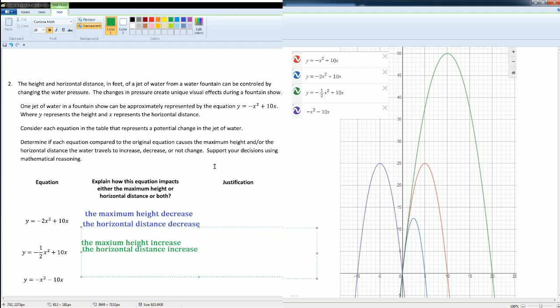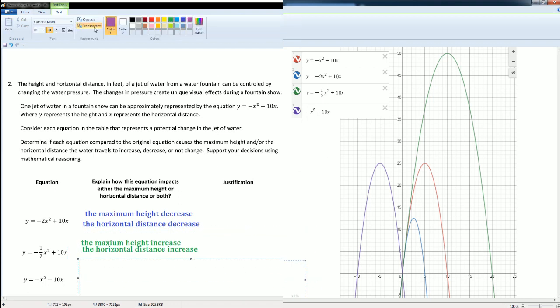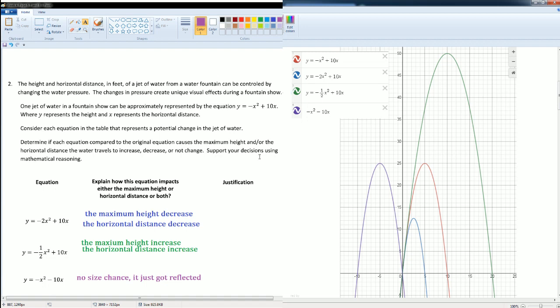The purple one is when it was flipped. This one it flipped, so no size change, right? Because look, same height, same distance. It just got reflected. You see, it reflected if you reflect it over the y-axis.